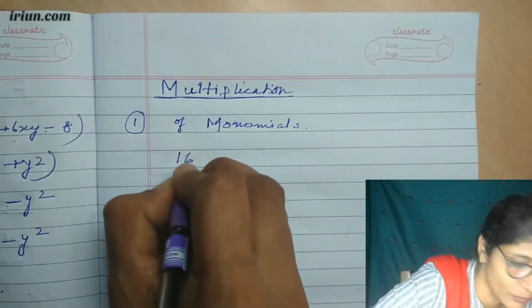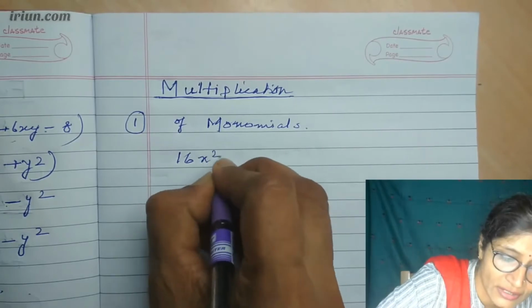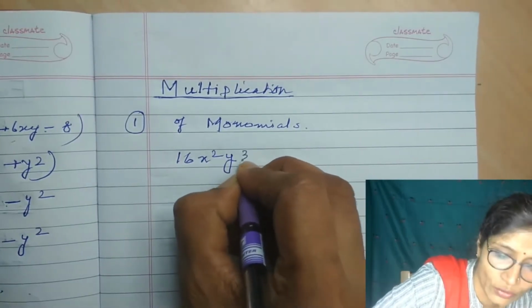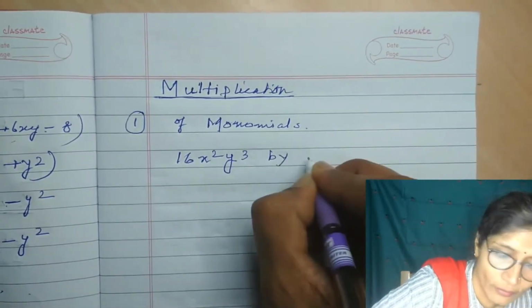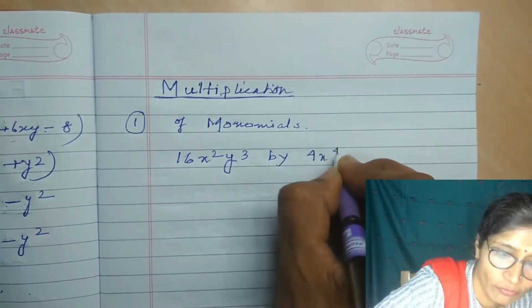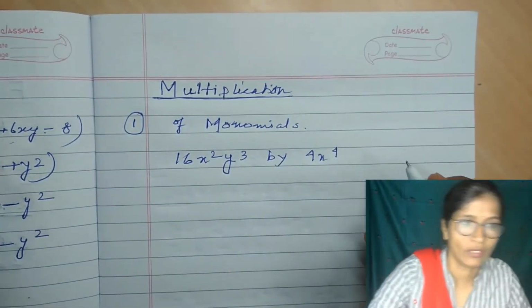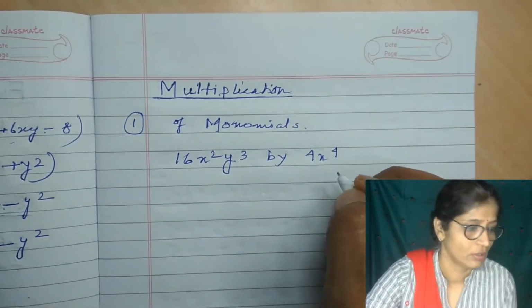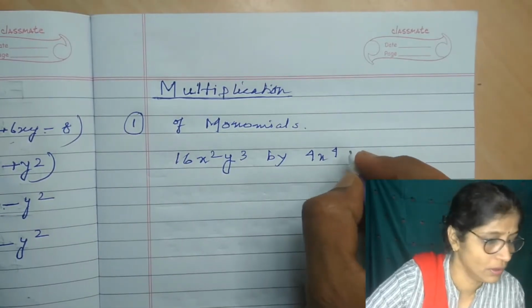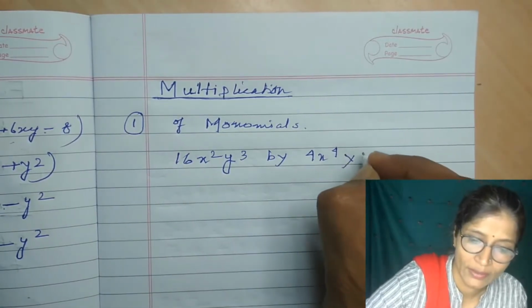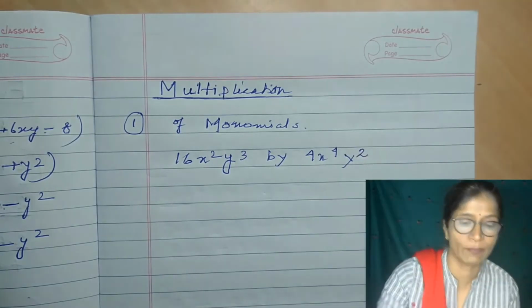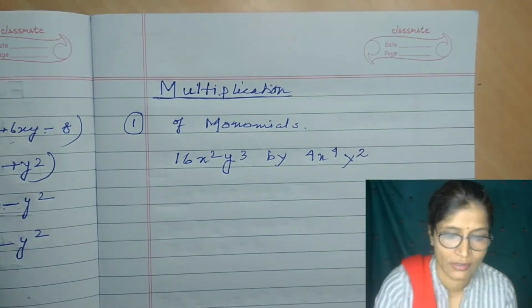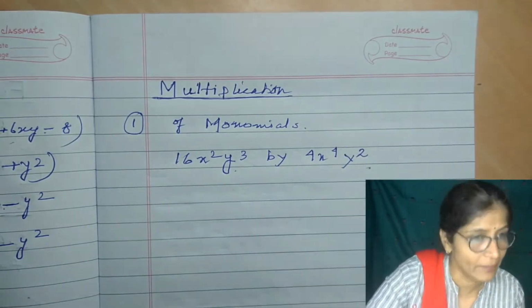For example, suppose you have to multiply 6x square y cube by 4x to the power 4 and y square. This is a monomial multiplied by a monomial.